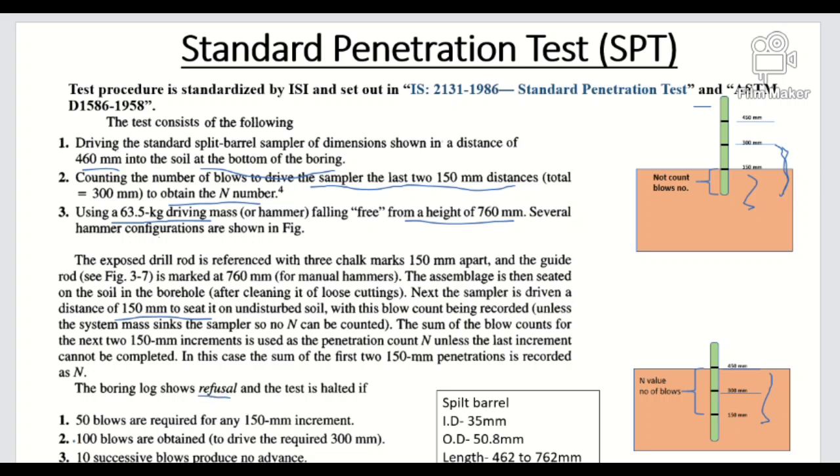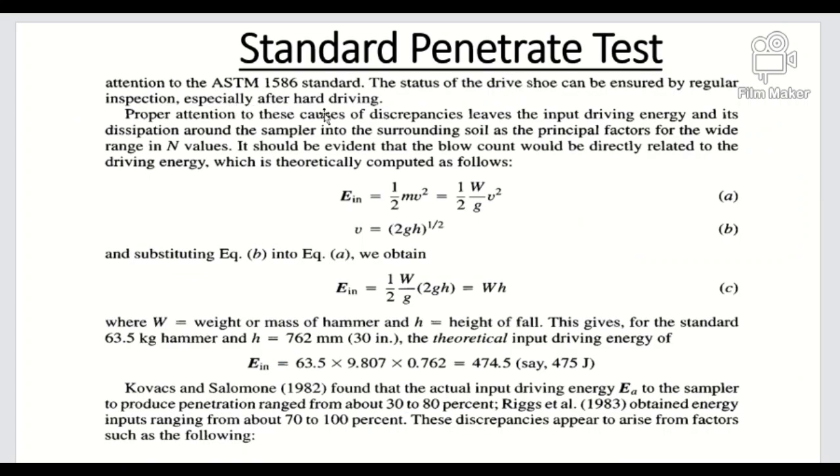When the blows for a 150 mm increment are greater than 50, it will be refusal. If for an increment of 300 mm the blows are 100 or greater, it will also be refusal.